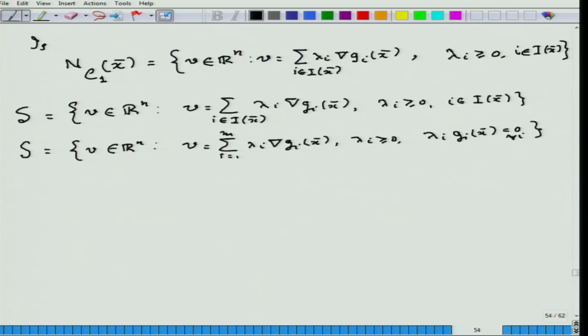So, it means that either I can write it like this, or I can free up this thing and write the sum from 1 to m with this sort of complementary slackness criteria, whichever way you want, or a shorthand is this, that instead of putting this v, you directly write elements of this form.